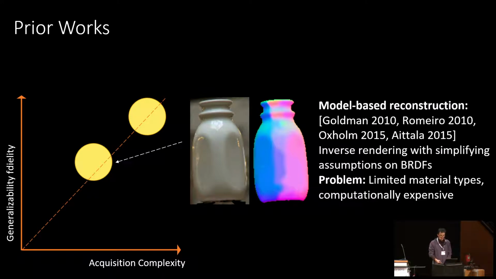Some recent model-based methods represent BRDF using low-dimensional models, so that few samples are needed for the reconstruction. They use simplified assumptions like homogeneous or stationary BRDFs, and no lighting or geometry. This reduces their acquisition complexity, but also limits their performance.